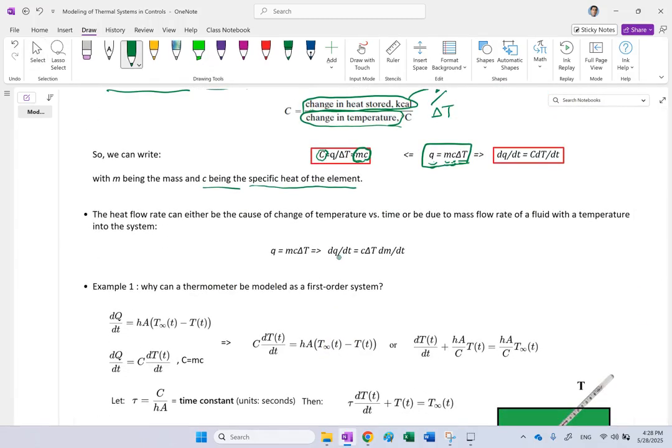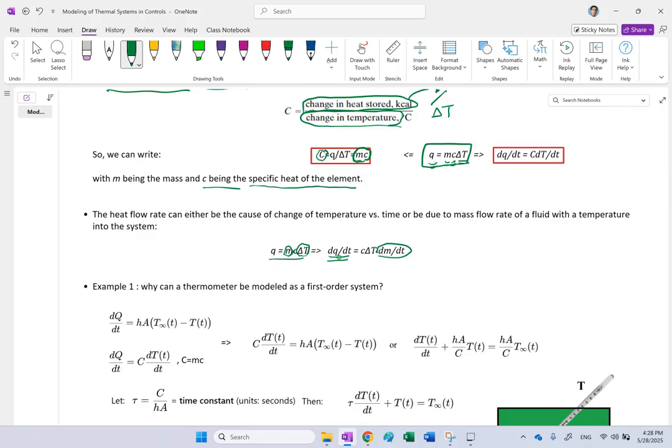Well, remember that the energy to raise temperature in a material with mass M and specific heat C is this guy here, Q equals M C delta T. Take a time derivative from both sides, and you see that the flow rate that comes with it is, since this delta T is a fixed number that you have, which is the difference between the temperature of the inlet flow and the system, the other parameter here in M C delta T that can change with respect to time is this guy M, and that is going to be M dot, or flow rate.